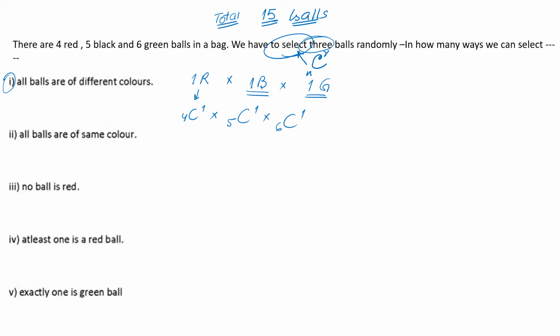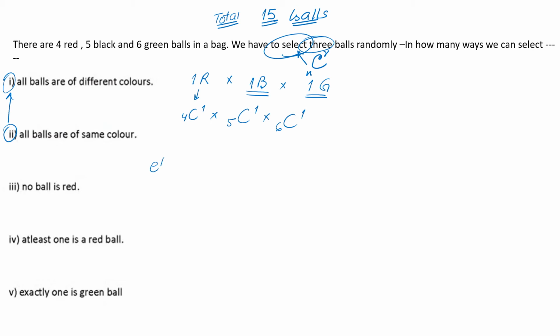Now next, number 2. See number 1 and compare it with number 2. In number 1, all balls are of different colors, meaning one red, one blue, one black and one green. But in the second, they are saying all balls are of the same color.